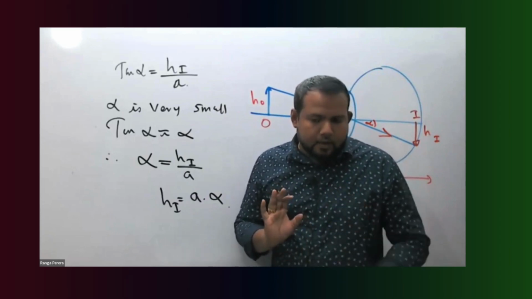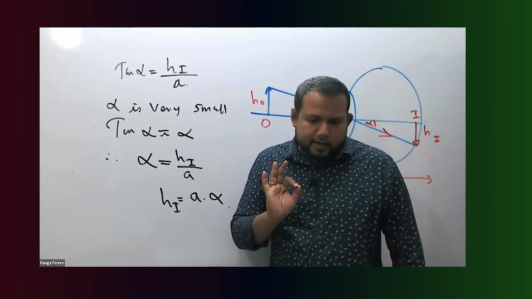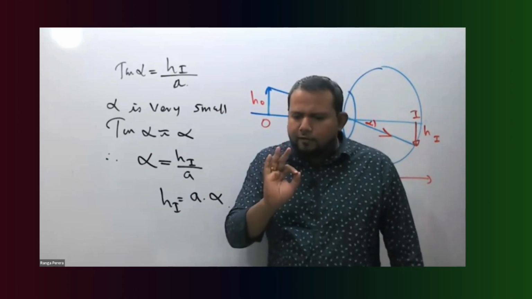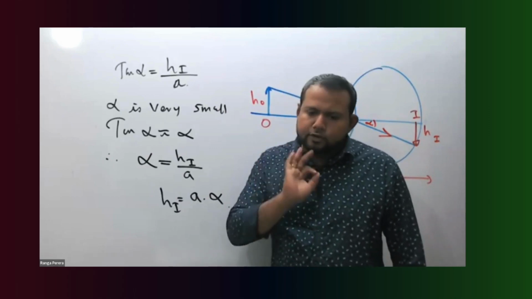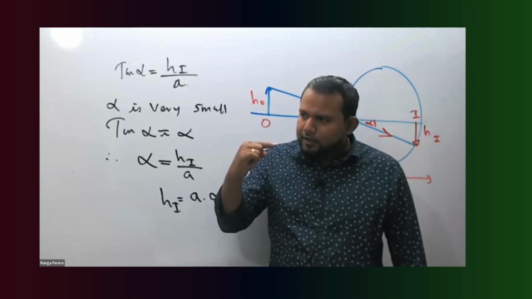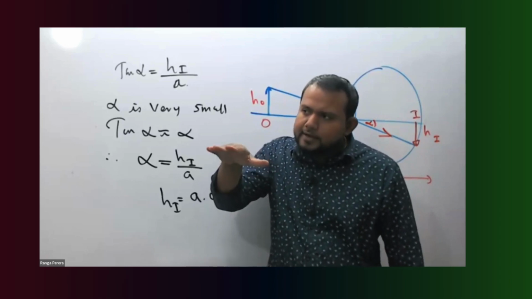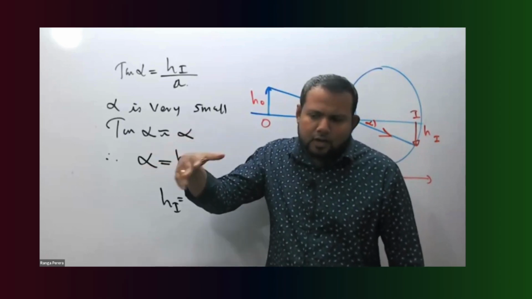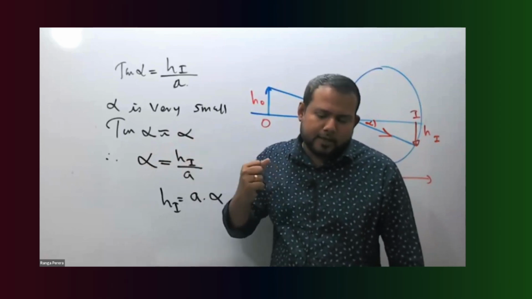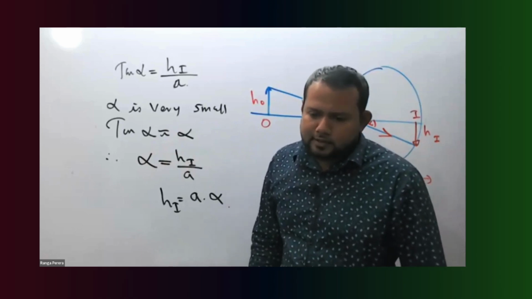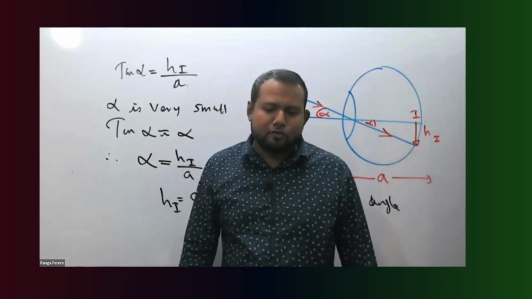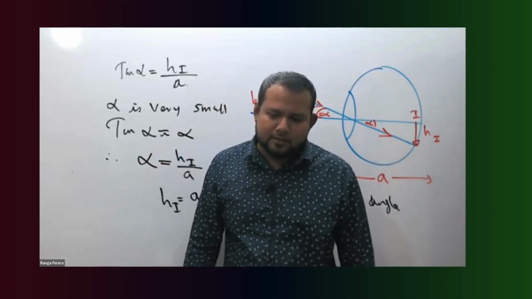Am I clear? For a human eye, if there is no defect, can one of you tell me what kind of value it should be? If the visual angle is less than this particular value, you can't see the object properly. Can one of you suggest a value? Any guesses?